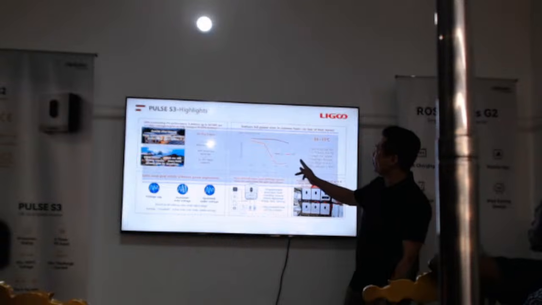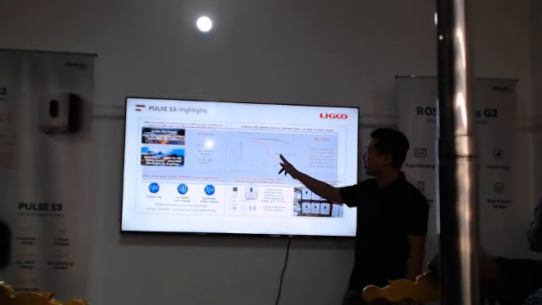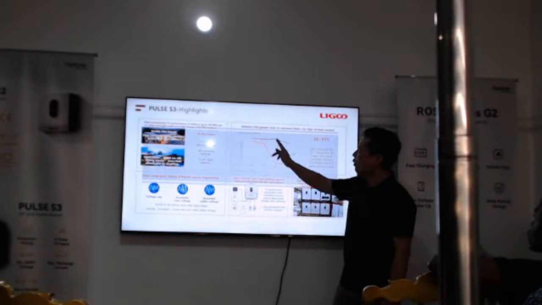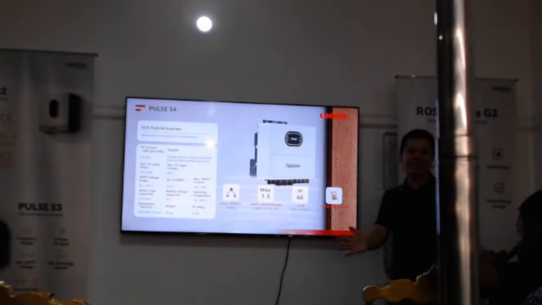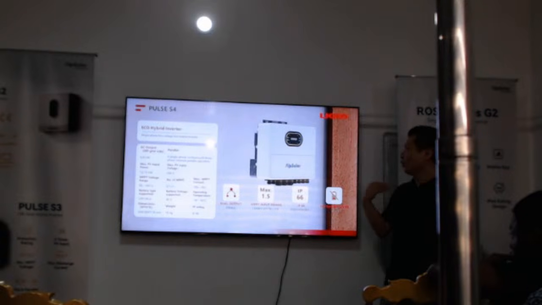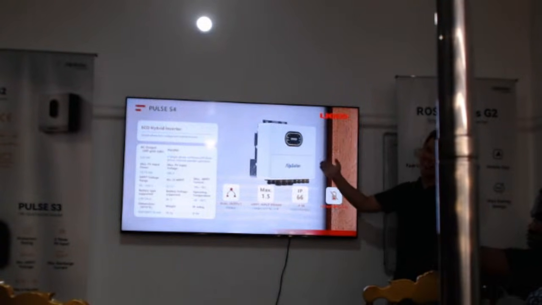We can say this point, this is another brand, for Chinese, other brand. This is the S3. We have the better performance in high temperature, because in Nigeria, maybe the temperature is high.